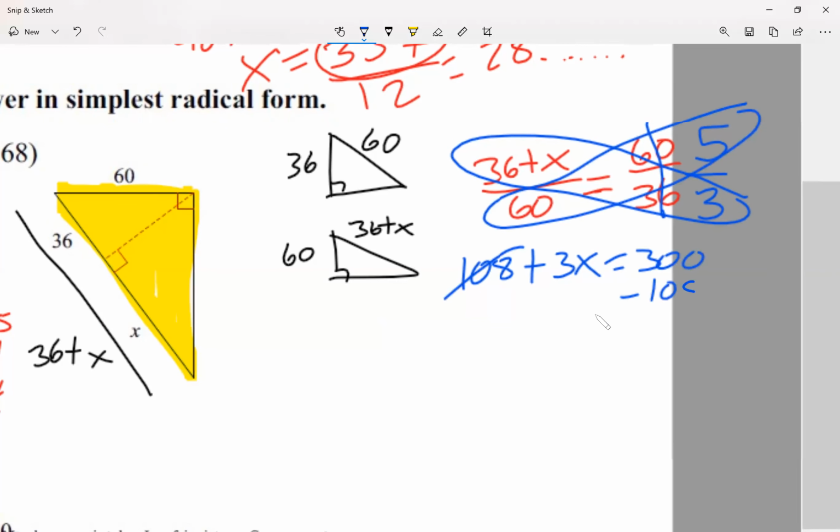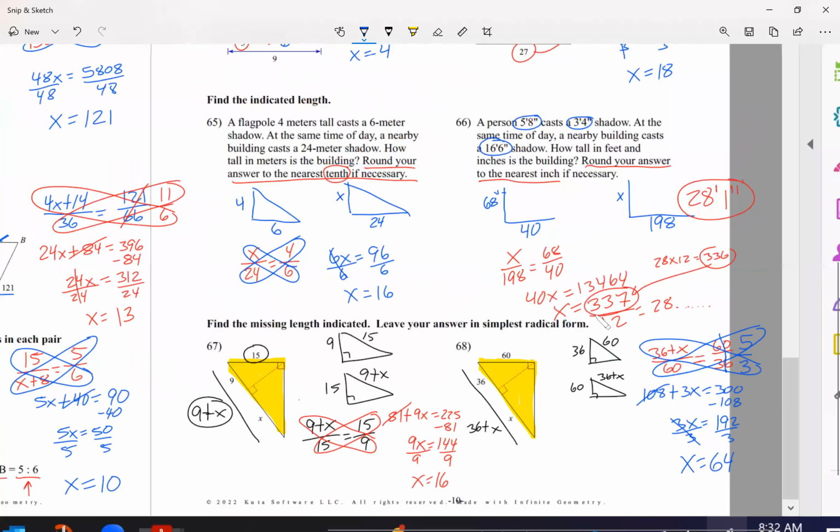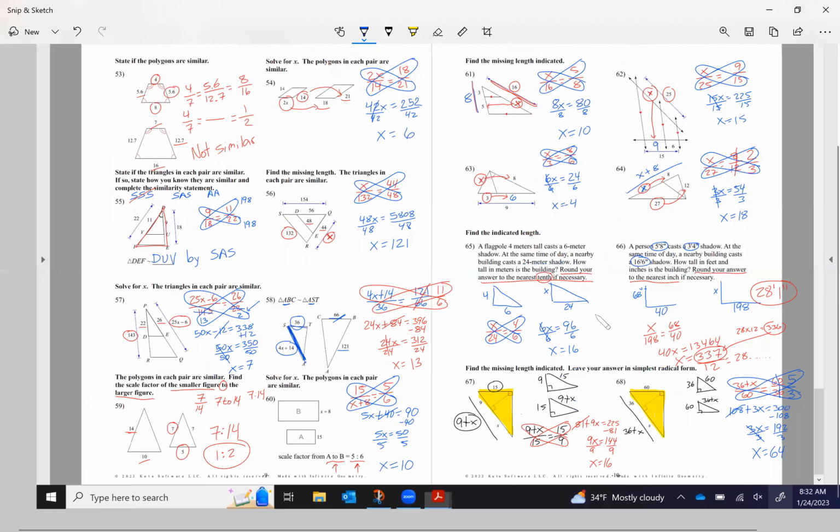Don't forget to switch the sign. So that gives me that 3x is equal to 192. Right, 300 minus 108 is 192. Now to get the x by itself, let me divide both sides by 3. So x equals 64. Beautiful. Let me zoom out so that way you guys can see what we did. You should be ready for the test tomorrow.